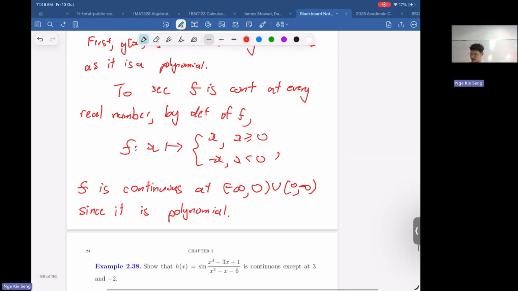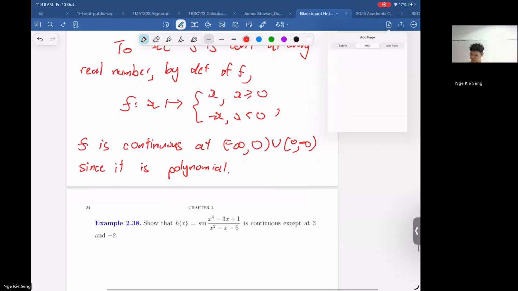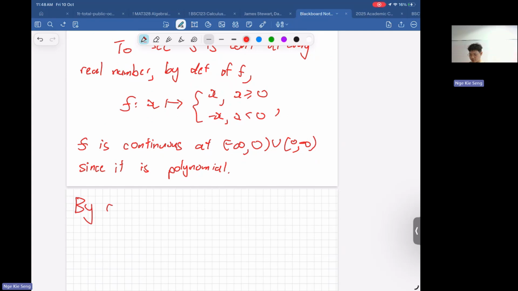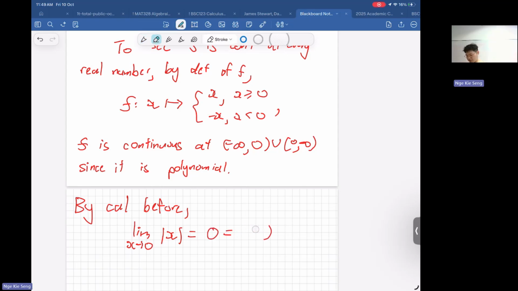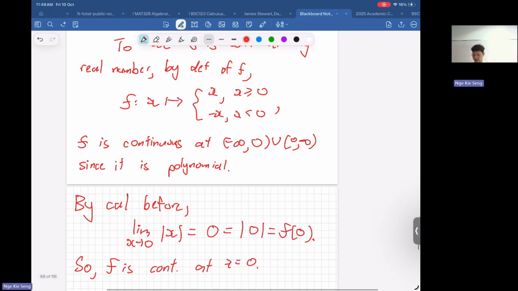Okay, so let's write down. I will just quickly write here, by calculation before, the limit as x goes to 0 of absolute x is equal to 0, which is f(0). Or if I want to write it properly, it's absolute 0, which is f(0). So f is also continuous at x equals 0.